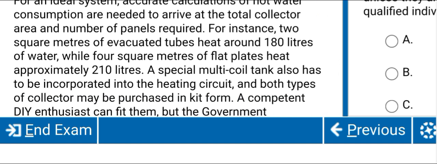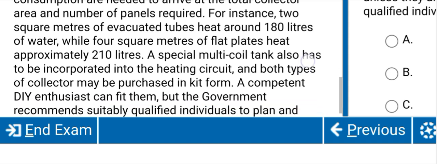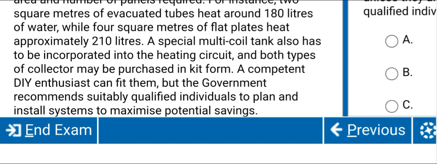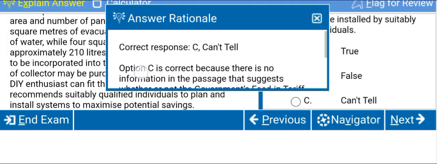They also explained solar heating, the panels, all the information about these panels.